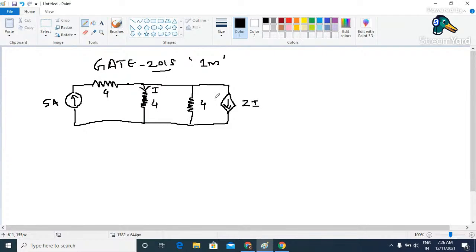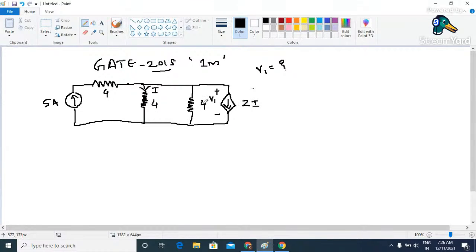Here we have plus, and here we have minus, and this voltage is say V1, and our objective is to find the value of this V1. That means what is the voltage across this current controlled current source. So how to solve this numerical?